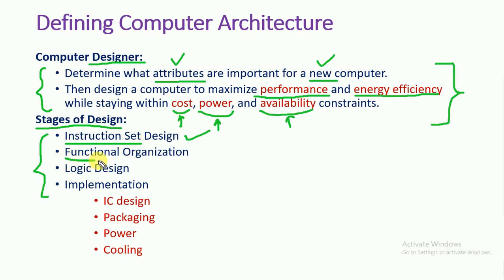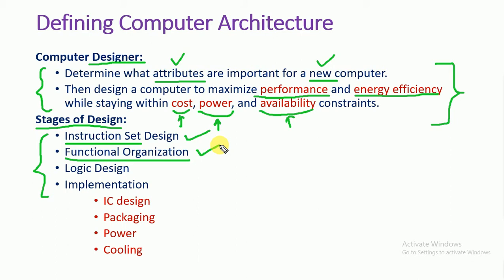Then the second one is the functional organization of the various elements present in a computer system. We have various processors, ICs, memory devices, RAM and other memory devices, and the power supply, all connected to the system for the final product.